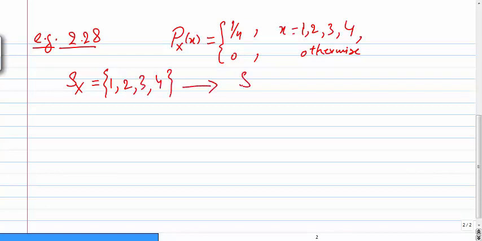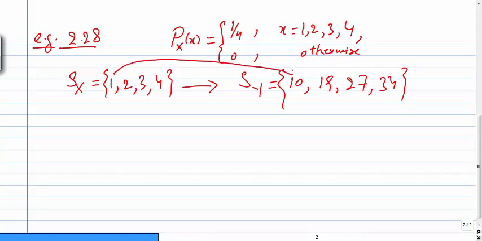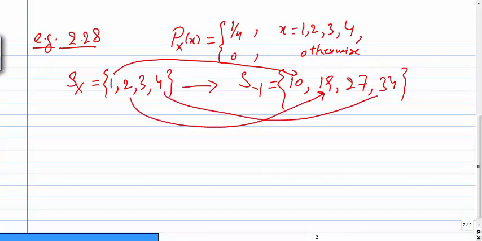We define the range for Y as the function that maps these values to 10, 19, 27 and 34. Now, 1 is mapped to 10, similarly 2 is mapped to 19 and so on, 4 is mapped to 34.